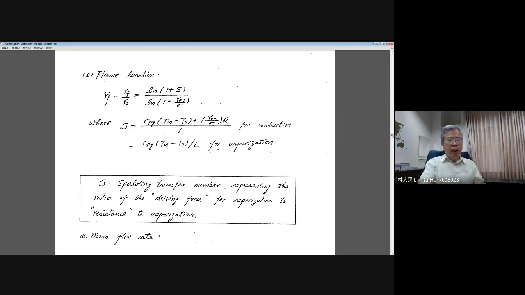As you remember, I emphasized that when you have a liquid droplet jump into a hot environment, since initially the temperature of your droplet is low, you need some heat transfer into your droplet to heat it up, so that the temperature, especially the droplet surface temperature, reaches the wet-bulb temperature, very close to the boiling point, but not the boiling point.